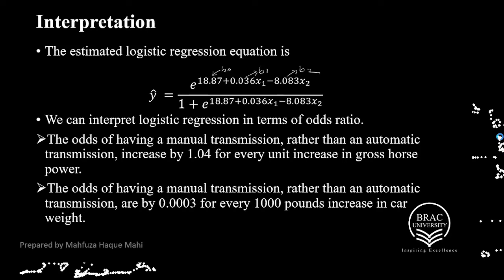Similarly, the odds of having a manual transmission rather than an automatic transmission are multiplied by 0.003 for every 1000 pounds increase in car weight.